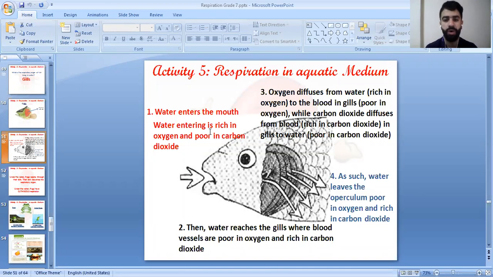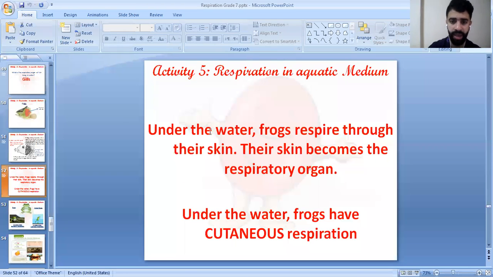Oxygen diffuses from water rich in oxygen to the blood in the gills, while carbon dioxide diffuses from blood rich in carbon dioxide in the gills to water. So as such, the water leaves through the operculum poor in oxygen and rich in carbon dioxide.